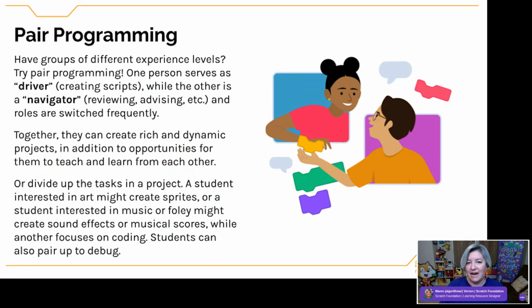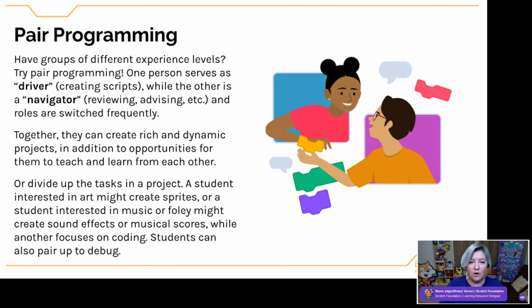As we think about creating, iterating on our work, or debugging, keep in mind that pair programming can be valuable, especially when you have groups of different experience levels or interests. Pair programming is a practice where two developers collaborate, sharing a keyboard and mouse to work on the same task or project.